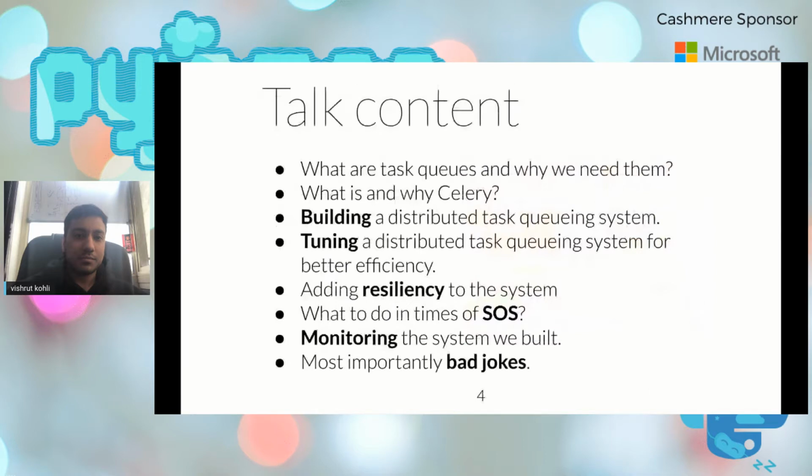In this talk, we are going to cover what task queues are and why we need them, what Celery is and why Celery, building a distributed task queuing system, tuning it to get maximum performance, adding resiliency or self healing capabilities to the system, what to do in times of SOS or emergencies, monitoring the system we built, and most importantly, bad jokes.